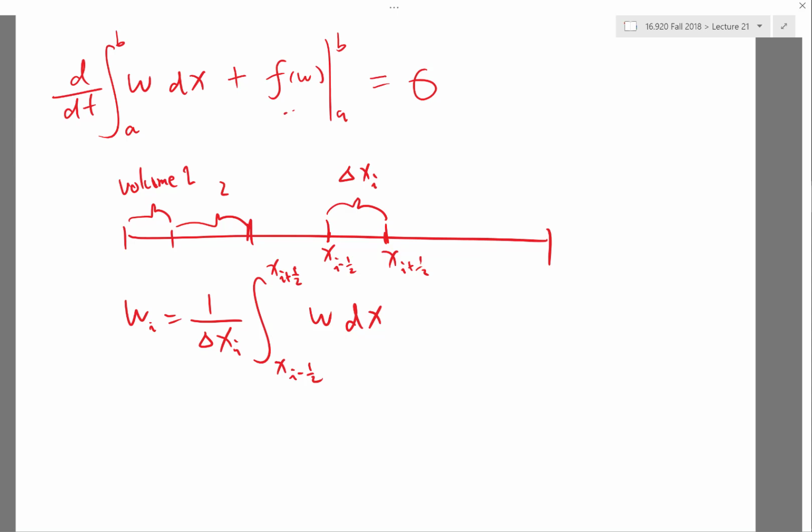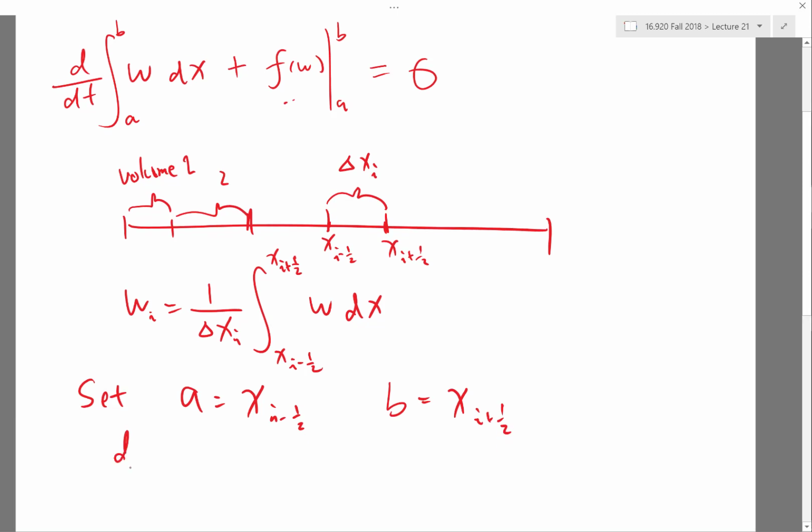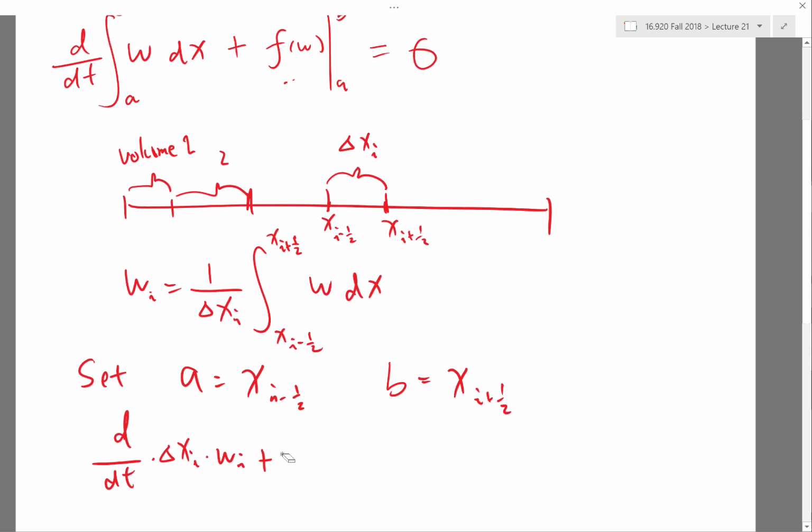So basically, if we set A equal to the left boundary of the cell and B equal to the right boundary of the cell, what we have is d dt of the cell integral, which is delta xi times wi, equal to f of w at xi minus half minus f of w at xi plus half.